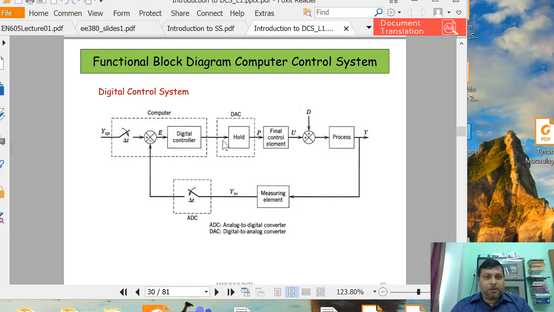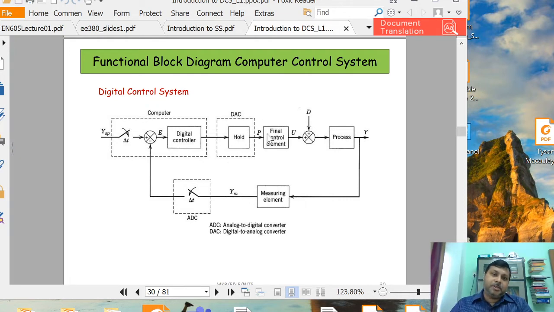So the control signal produced by the digital controller has to be converted into analog form by a digital to analog converter, which is also known as a hold device.